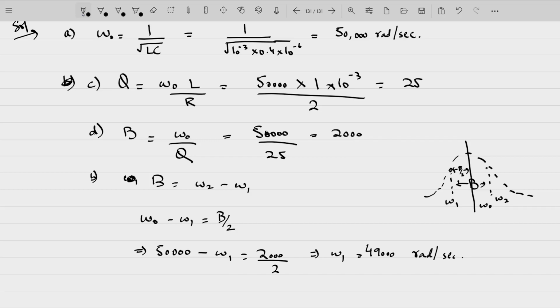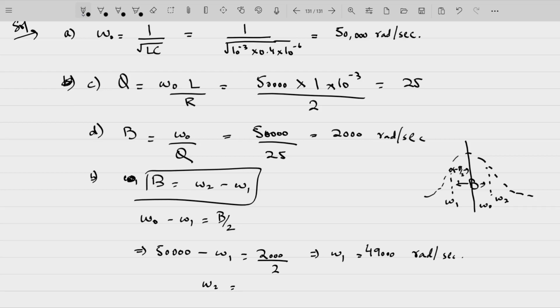Q, the quality factor, is unitless, so this is actually 25 units. Bandwidth is simply the difference between two frequencies, so it also has the units of frequency, that is radians per second. If omega 1 is equal to 49,000, we can substitute this in the formula B equal to omega 2 minus omega 1 and find out omega 2.